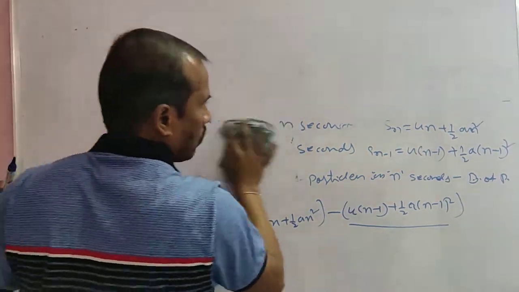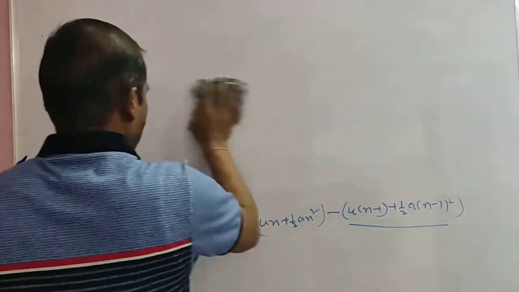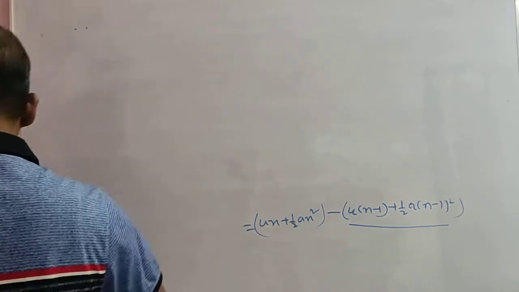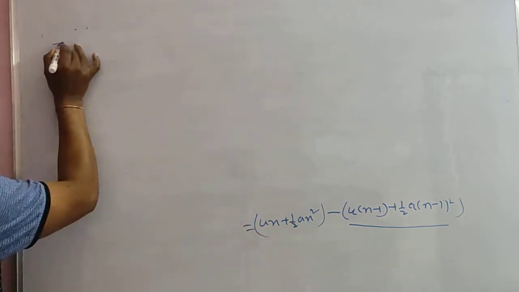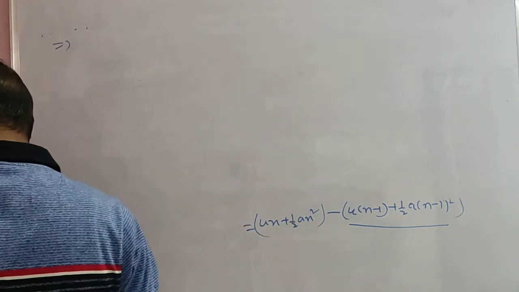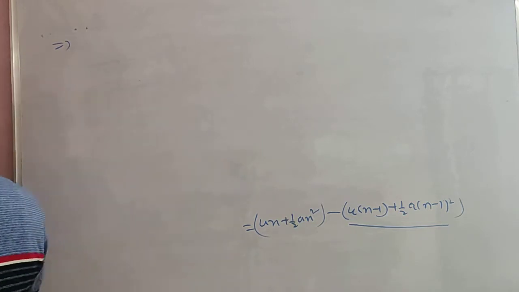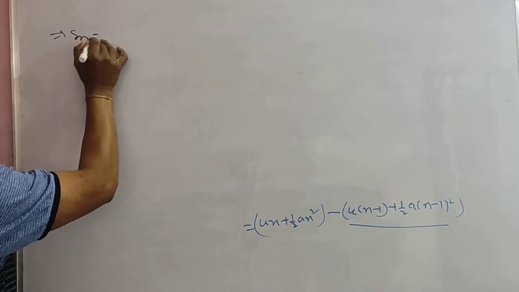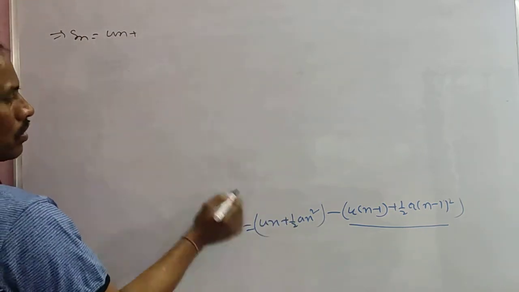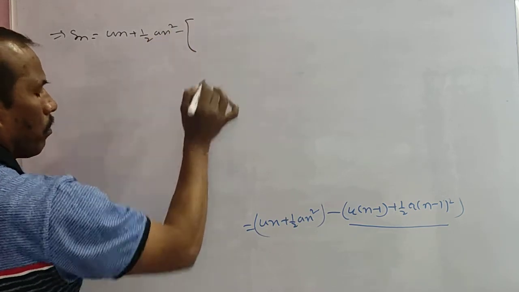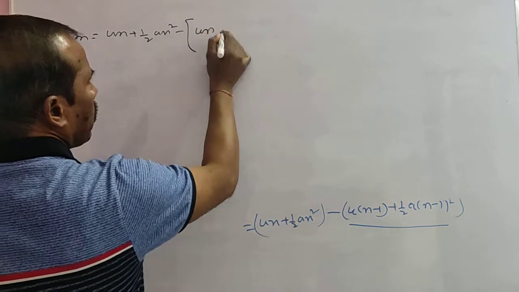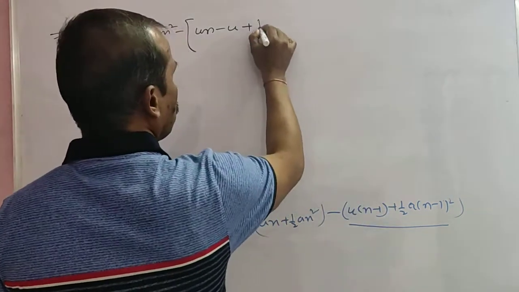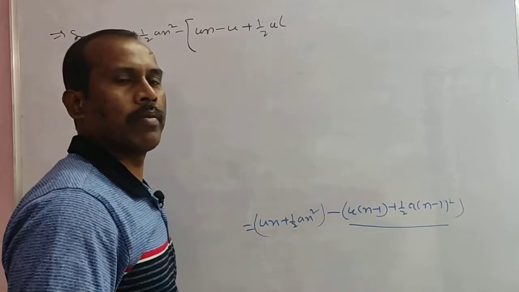Now, Sn is equal to un plus 1 by 2 a n square minus the inside multiplication, u into n minus 1, plus 1 by 2 a into the a minus b whole square formula.